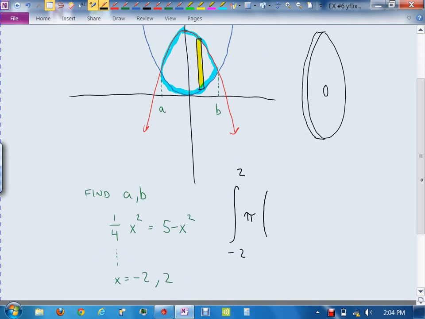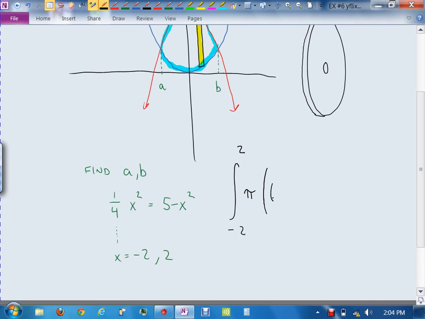So 5 minus x squared, squared, minus now the bottom function, which is the blue one, 1/4 x squared, squared, and then dx. And then you expand it all out and collect like terms and you're ready to go.